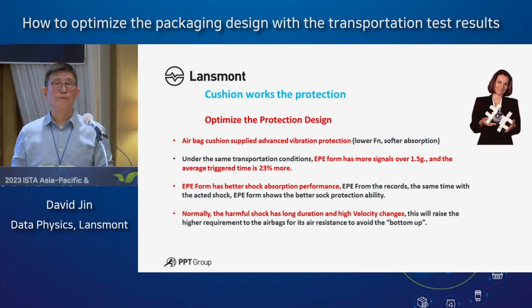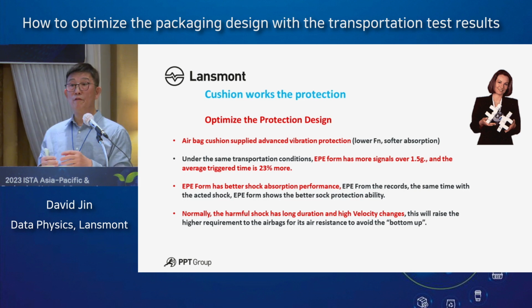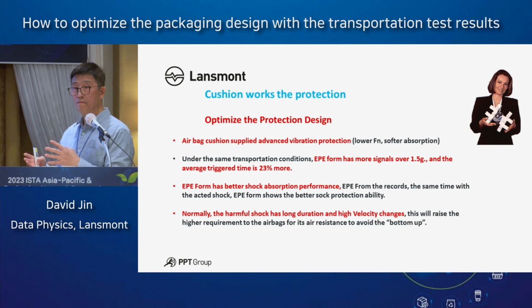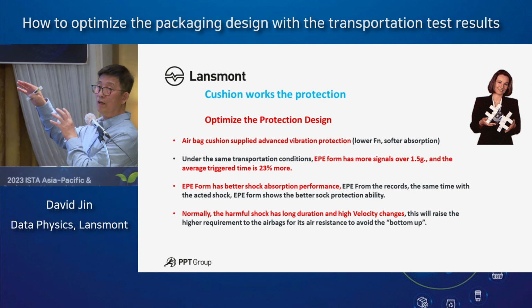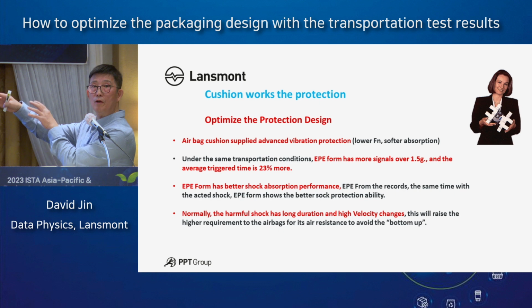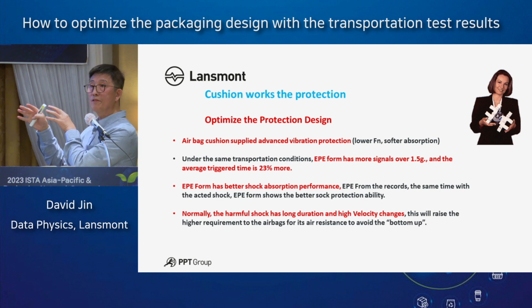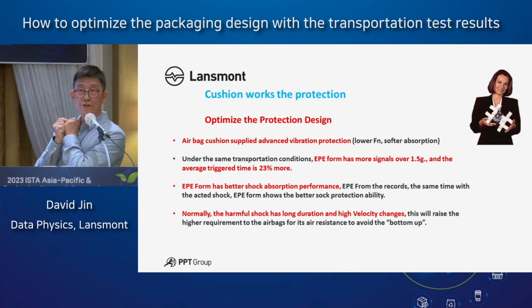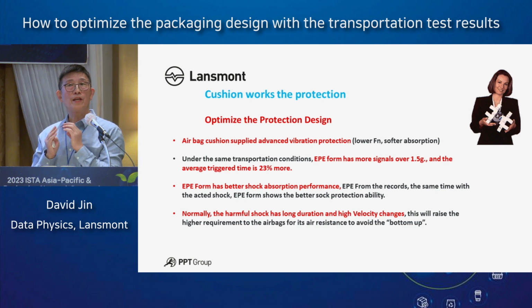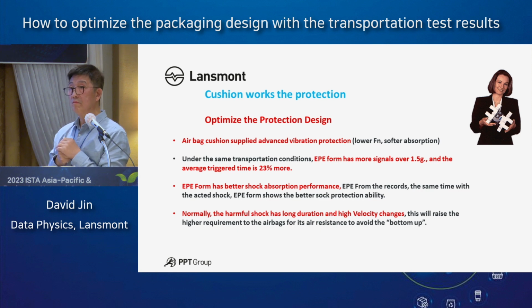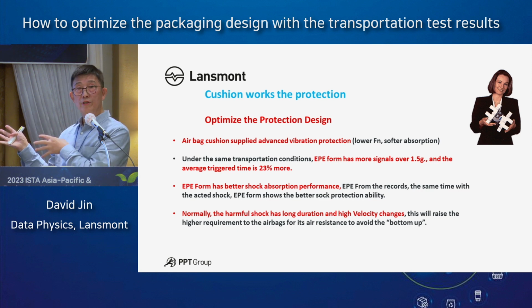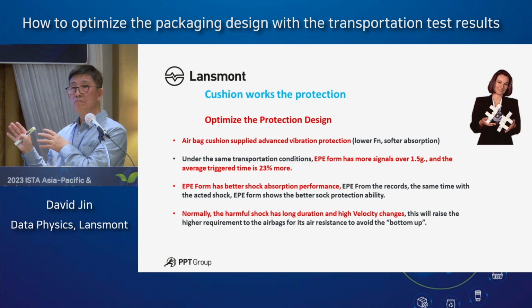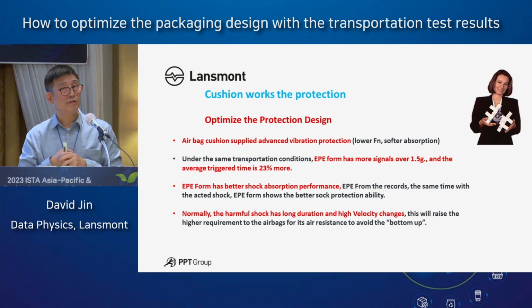So for this customer, a very famous customer, Applied Materials, they have a very specific load in this box, and they said, okay, finally, they choose the EPE foam because they care very much about the shock. The vibration they measured in this journey, they don't think it's a hurt.